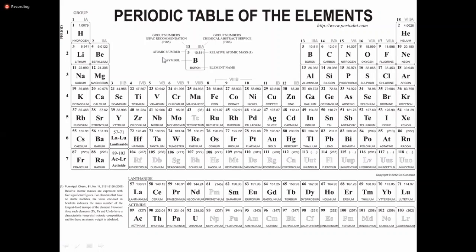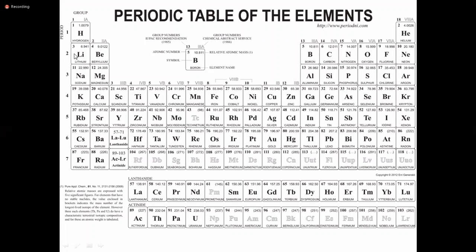If you look at the periodic table, the first one is hydrogen, right? What is the number of proton or atomic number of hydrogen? One. And how many electrons does it have? One. How about helium? Helium has two neutrons, protons, and two electrons. Very good. So the number of electrons is 2, right?